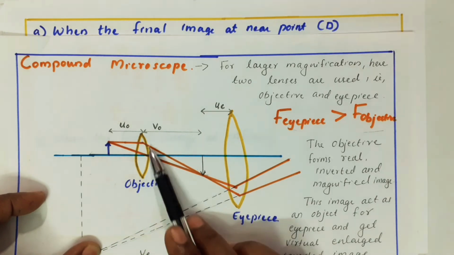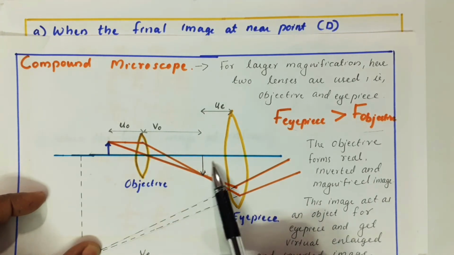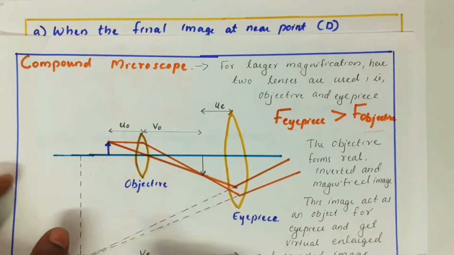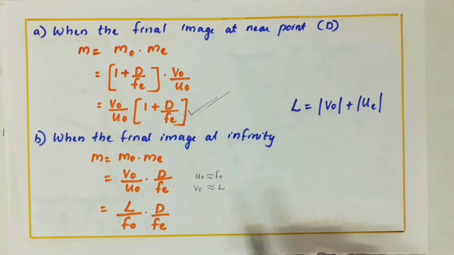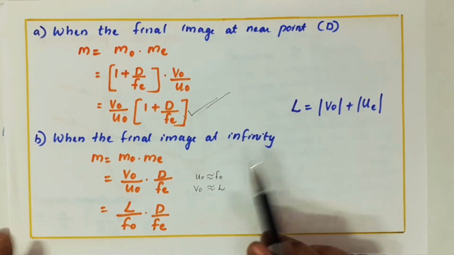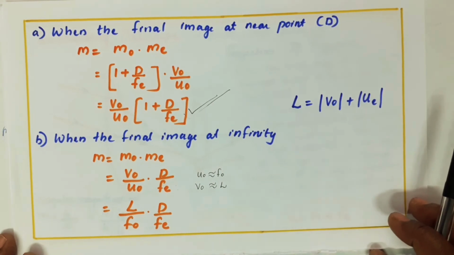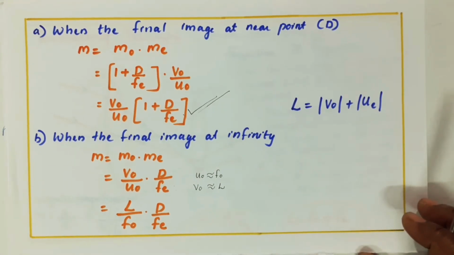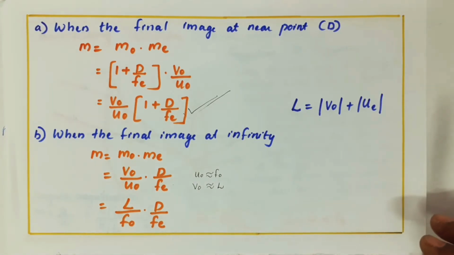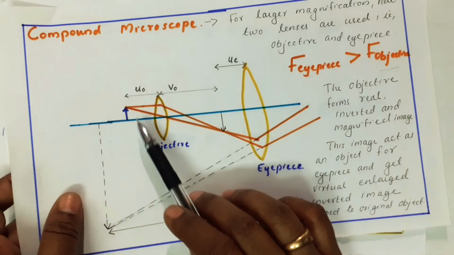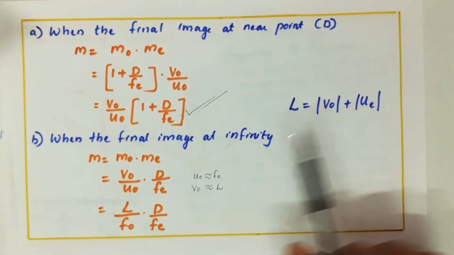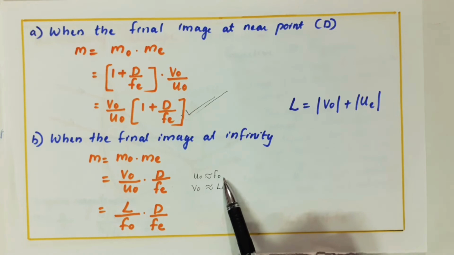So UO can come closer to FO. Because if it is at FO, we don't get an image in the middle. So we are taking the condition as UO approximately equal to FO.